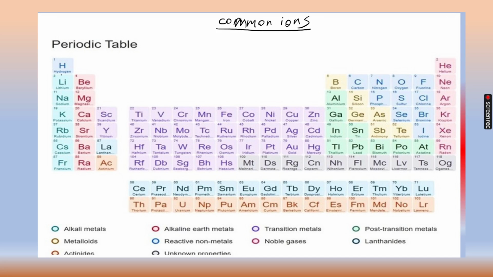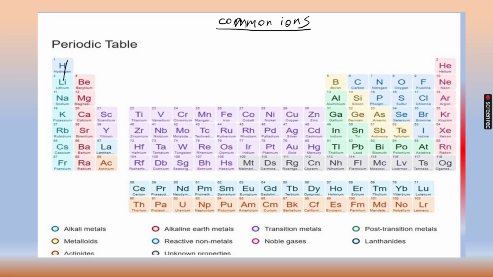Group 1 has lithium, sodium, potassium, rubidium, cesium, and francium, and sometimes hydrogen. You know that hydrogen does not belong to group 1, but they put it on top of group 1 because the electron configuration is like group 1. That's why hydrogen is here.